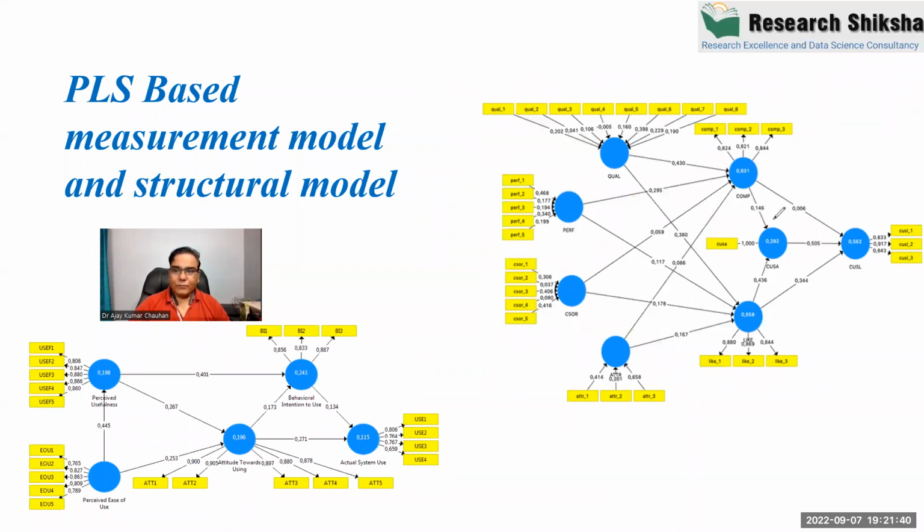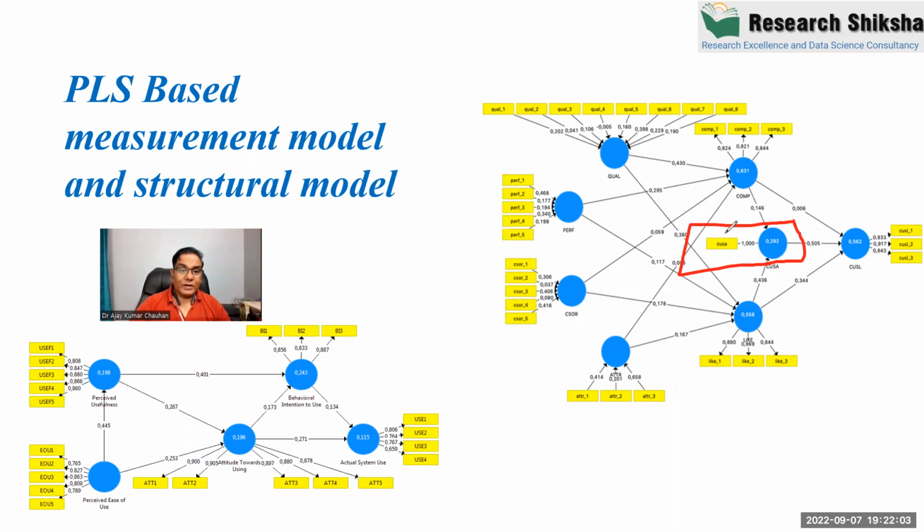Another reason is that if you check this, this is a single item construct. The construct has only one item. This is not possible in MOS. In MOS, there is a rule of 3.